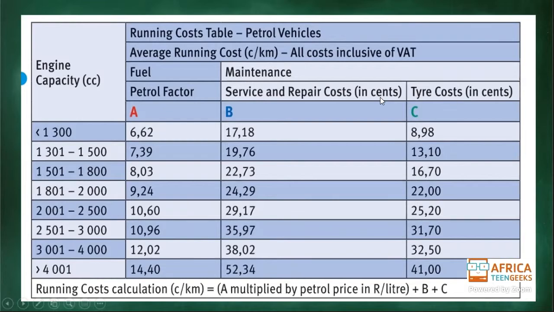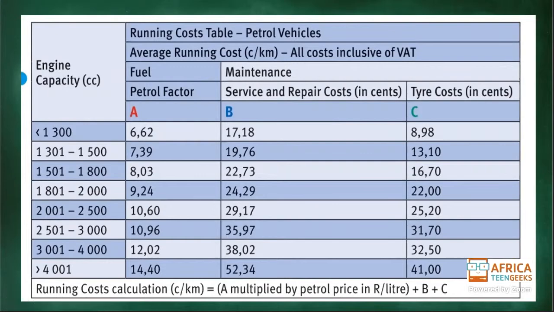And remember that we do everything here based on the petrol factor, which is informed by the capacity of the engine. So this whole table, everything that is here is very important. The engine capacity, the petrol factor, the service and repair costs, and the tire costs.